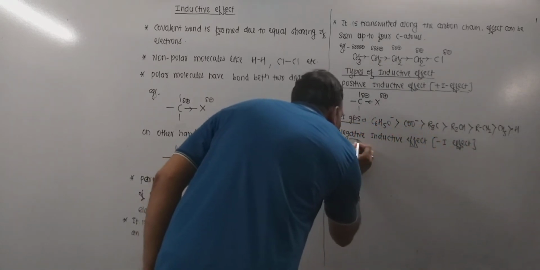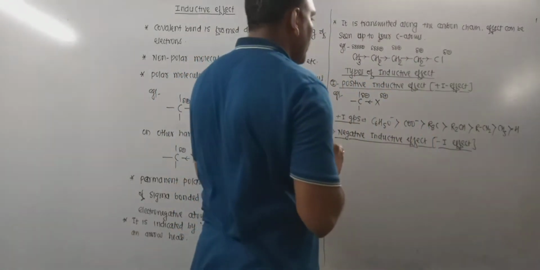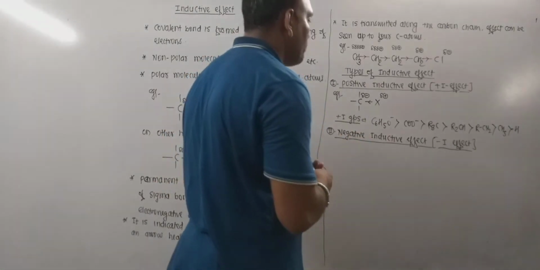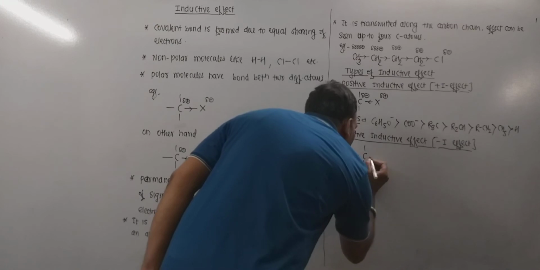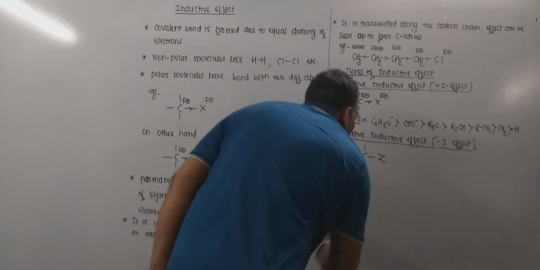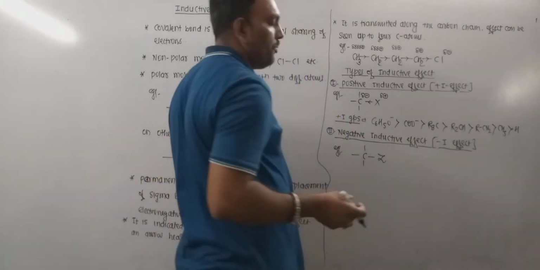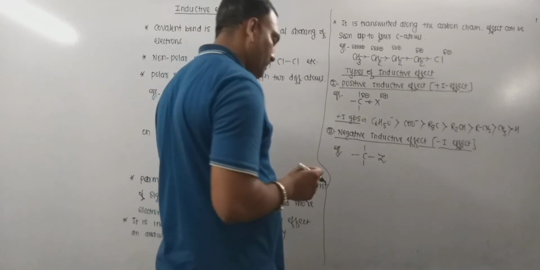Remember, this type of effect can be seen only when electron withdrawing groups are attached to the carbon. So let me explain by considering this example now. Consider this hypothetical example where some group like Z is connected directly with the carbon by means of a covalent bond.